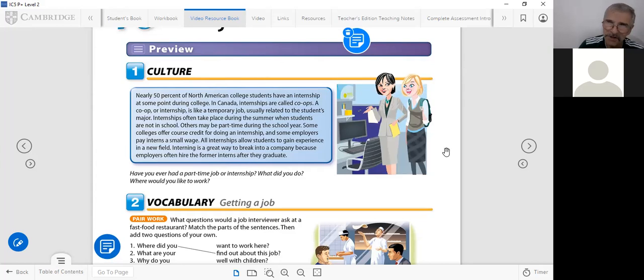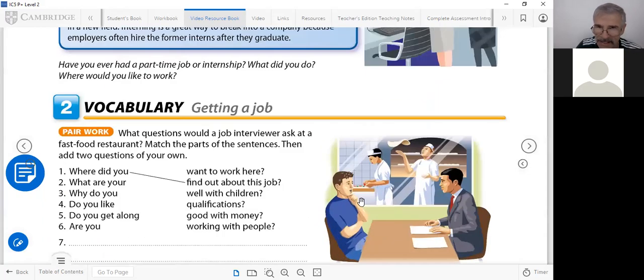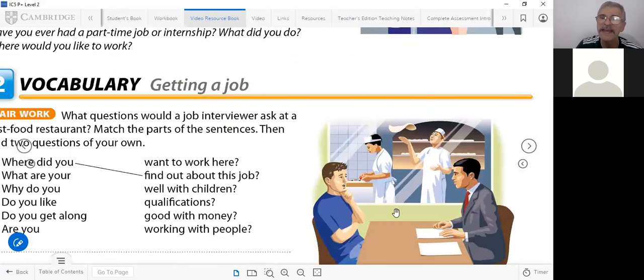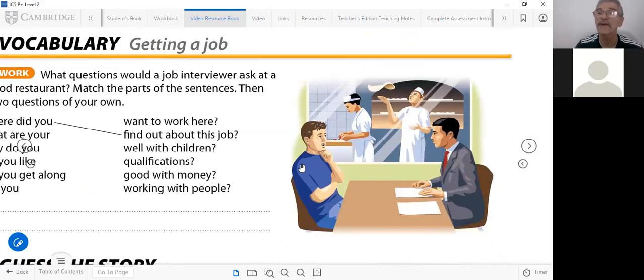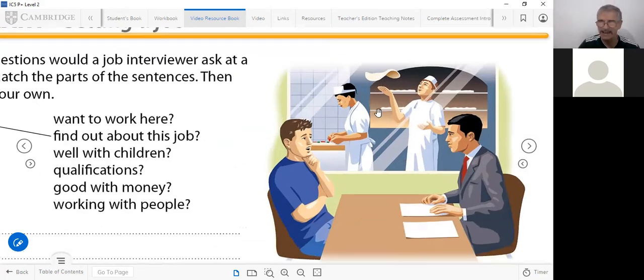Okay, now you understand what an interview is. For example, here, this man is looking for a job in this bakery. I suppose that this is a company, a bakery, or an industry that processes food. Probably it's a pizzeria.